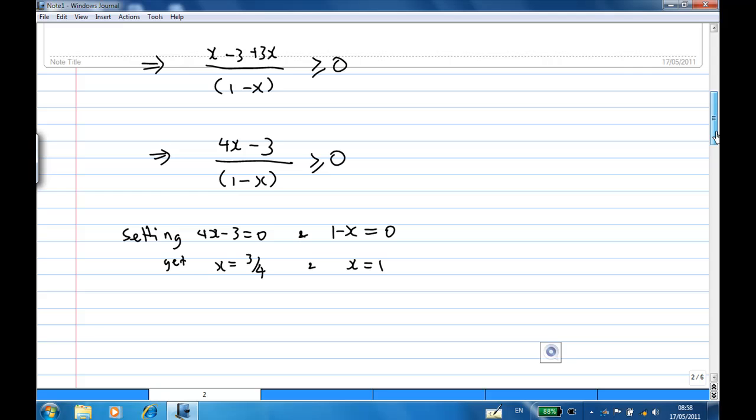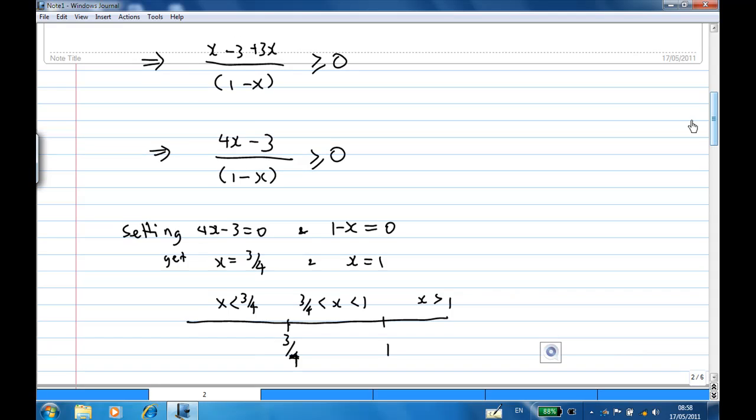You divide the real number line into 3 parts divided by 3/4 and 1: x greater than 1, x between 3/4 and 1, and x less than 3/4. And we are going to find out where the solution is.